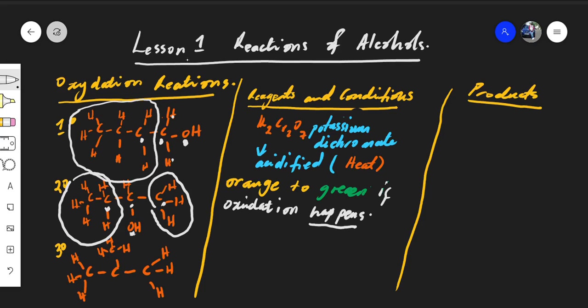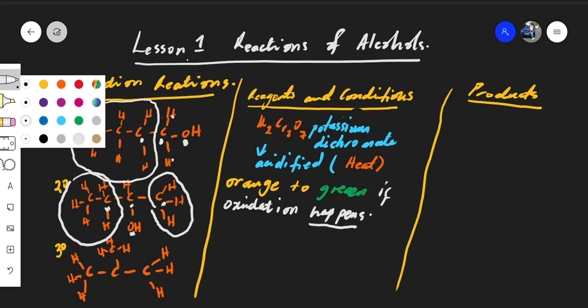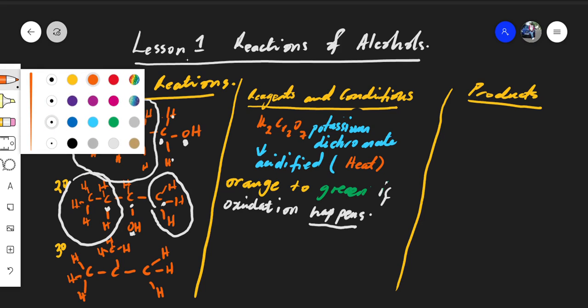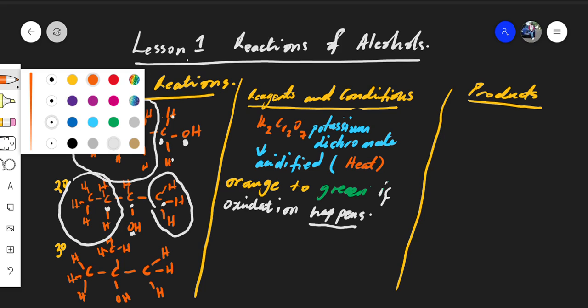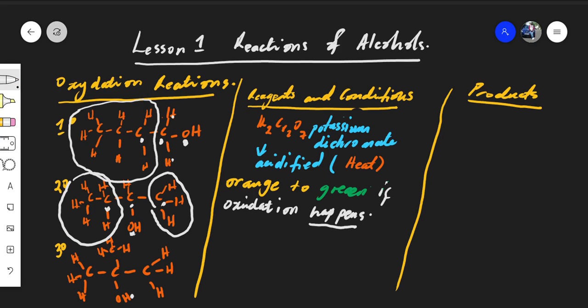Then you can go to a tertiary alcohol. Let me write it down. The OH group is bonded to a carbon, which is bonded to three alkyl groups: 1, 2, 3.